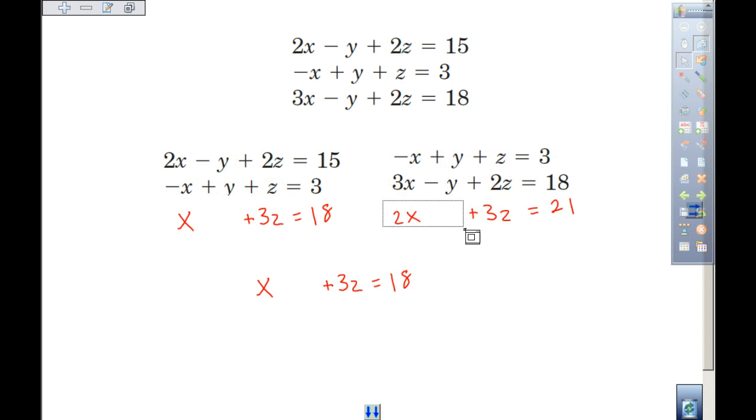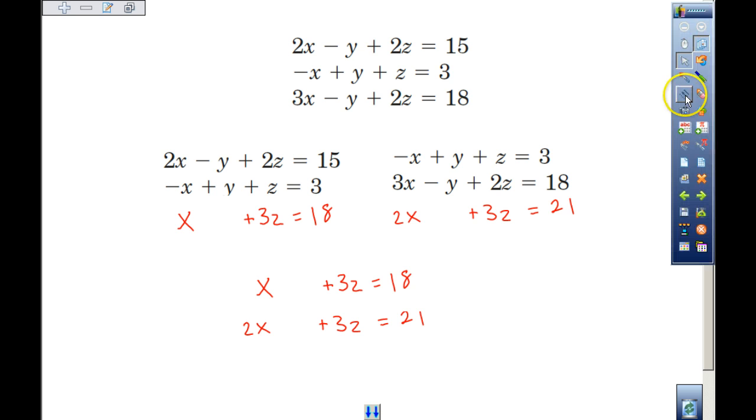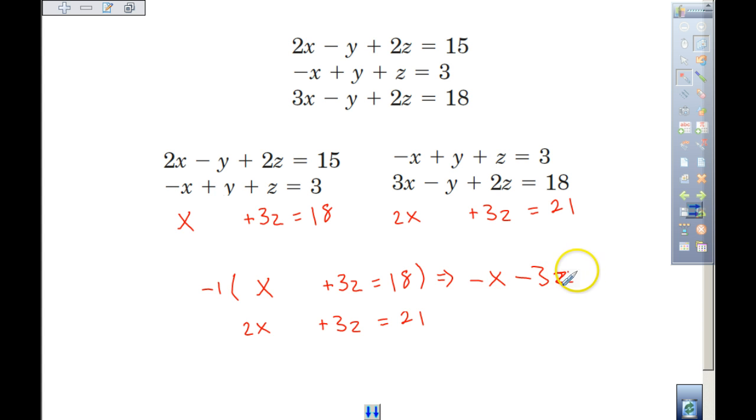Take my other one. There's my 2 equations with 2 variables. Right. So I think we can just multiply the top one by negative. So I'll have negative x minus 3z. Make sure that's a z, not a 2. Equals negative 18. 2x plus 3z equals 21.